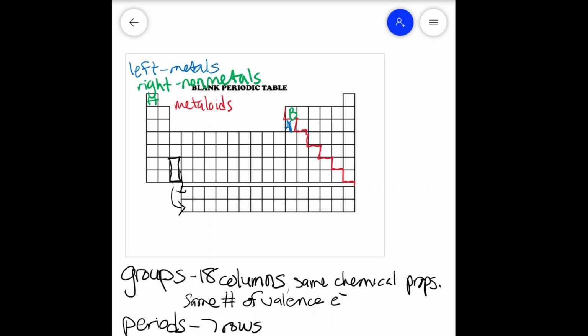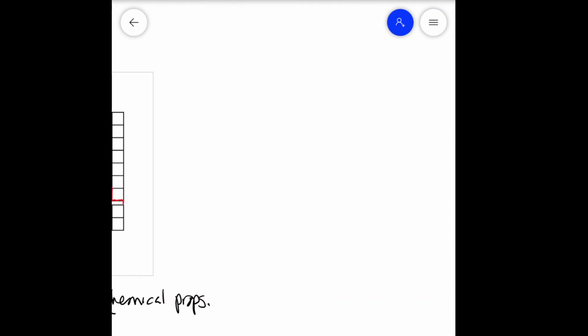Okay, so now moving on, some of the groups on the periodic table have special names. And so we'll start with the far left group. Those are the alkali metals, so not including hydrogen.